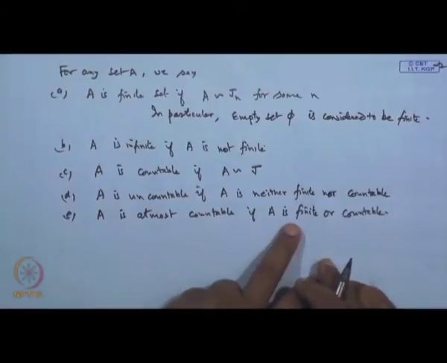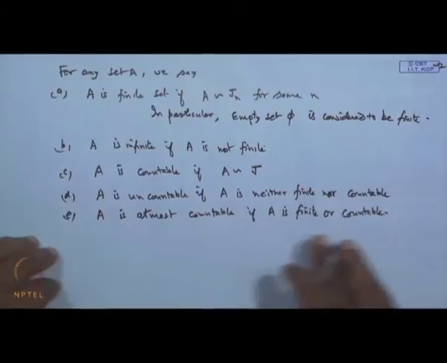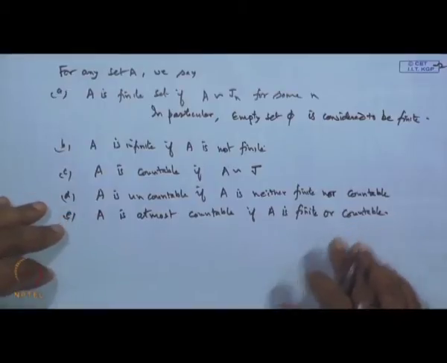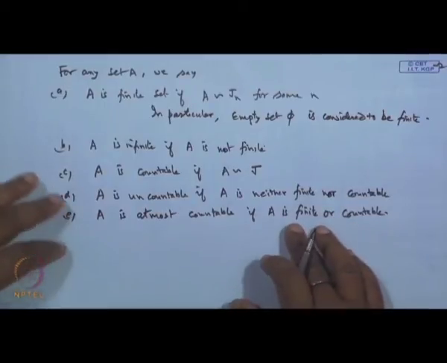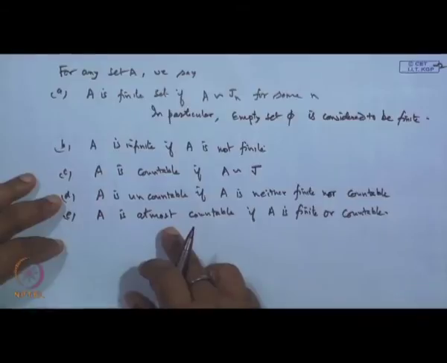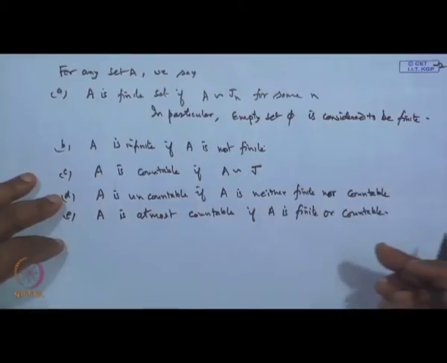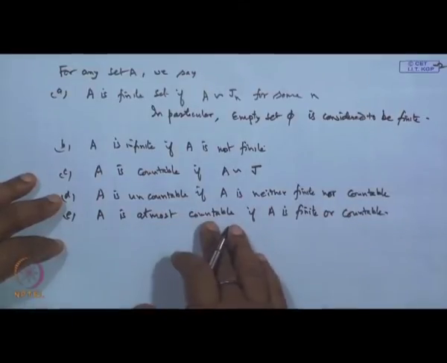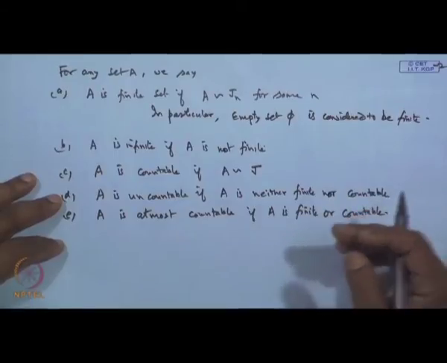Finite set is also considered at most countable, and a countable set is at most countable. So, we say A is at most countable means either it is finite or it may be a countable set.